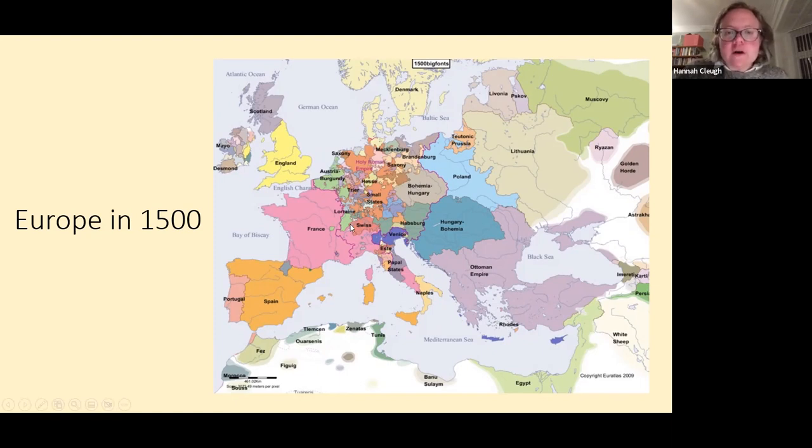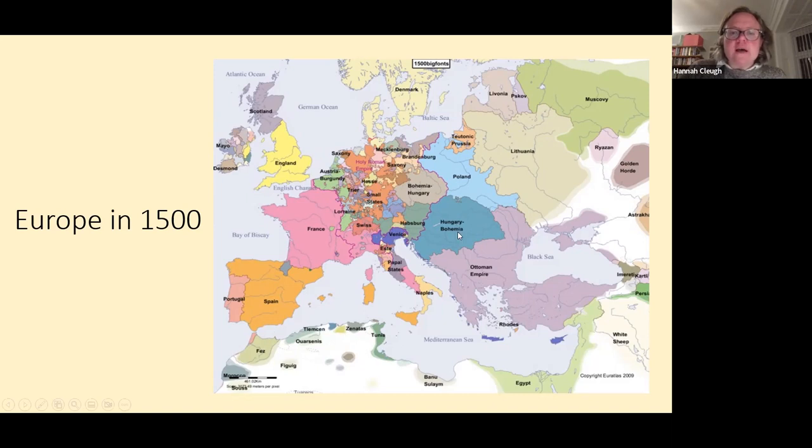But so this Holy Roman Empire was a sort of federation. It was very, very plural, and obviously, as you can see from the map, covered a vast amount of Central and into Western Europe.